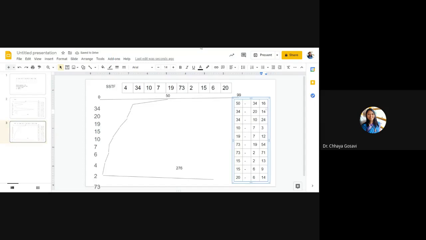Then 20 to 19, it's 1. 19 to 15, 4. 15 to 10, that is 5.